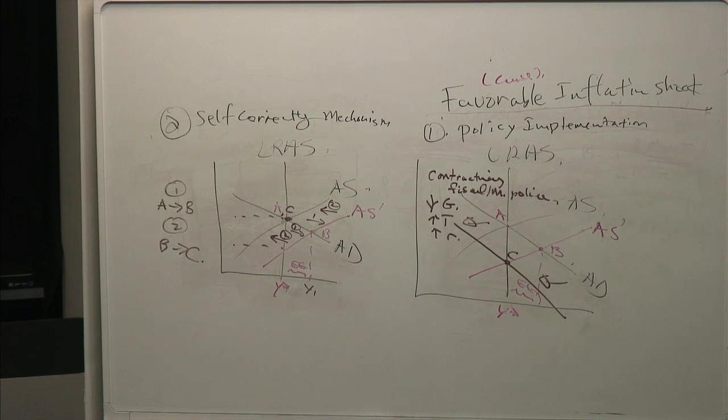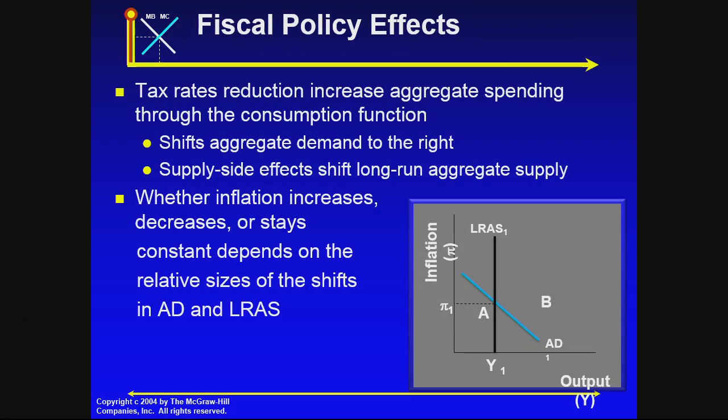Okay, so now tax rate also affects this whole thing. In this case, you notice that all this time I have not touched the LRAS curve at all. So this is the last case where you have a LRAS curve, and we're not even throwing in the AS curve because it's too confusing. We know that anything to do with taxes has to do with the AD curve, so we only have 2 lines intersecting here.